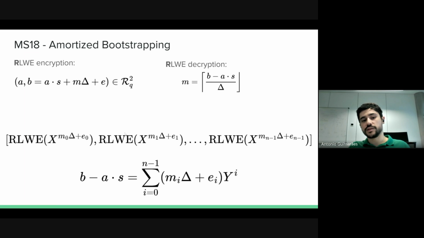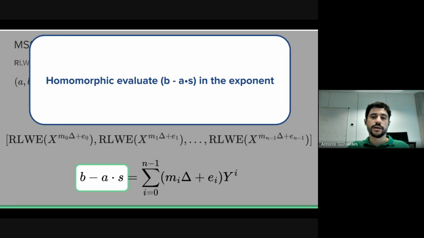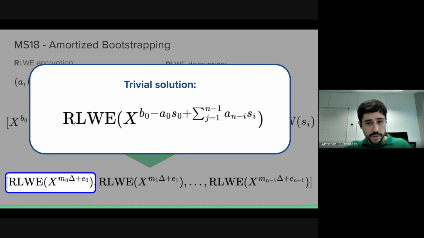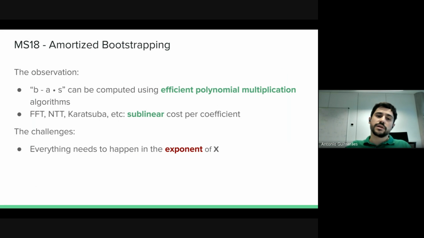So the real challenge in MS18 is how to compute every element of this list, or how to evaluate this b minus as in the exponent of a list of RLWE samples. There is a trivial solution: compute each element of this list individually, but that would not give you any amortization, because this costs n and you have n elements in this list. The observation from MS18 is that the goal is to compute b minus as, and the costly part is a times s, which is a polynomial multiplication.